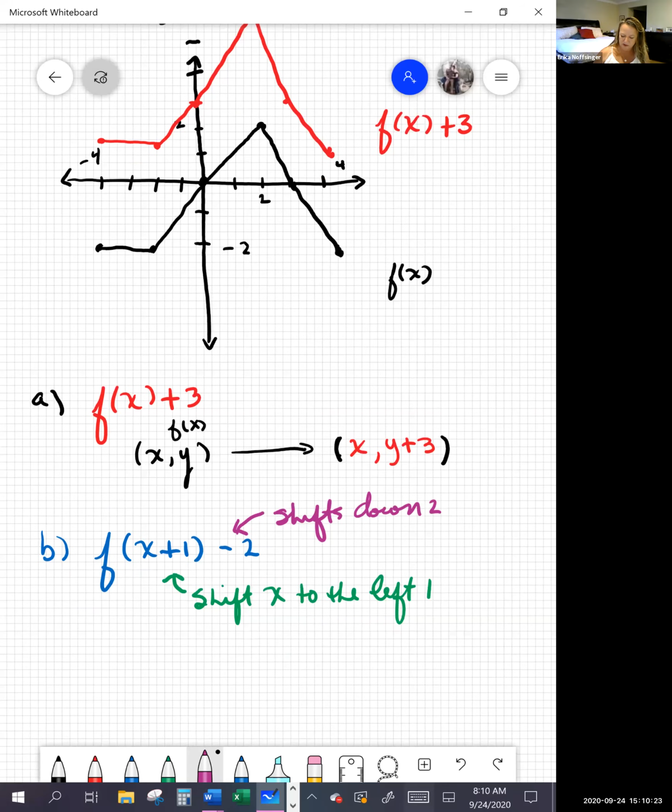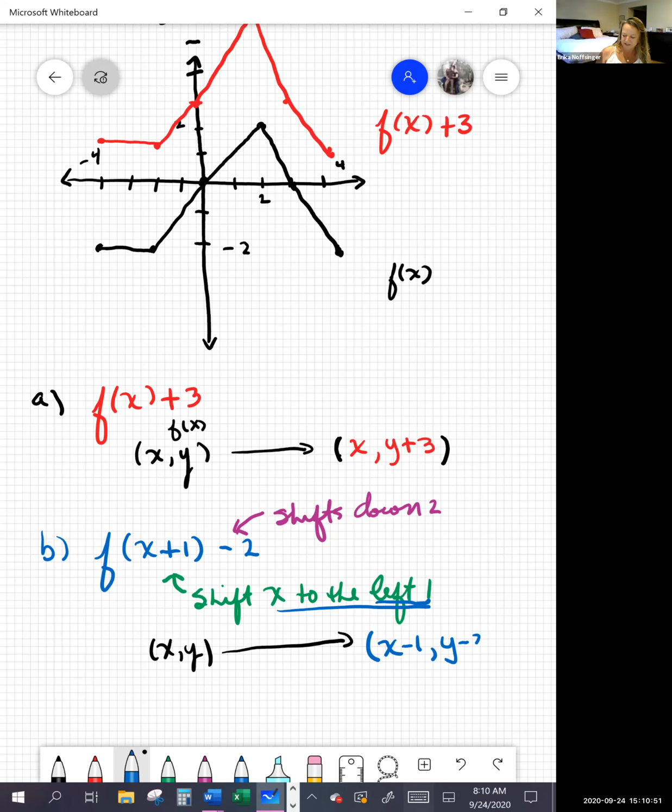We could look at our point x, y and determine what we're doing to get our point on f of x plus 1, -2. The x values shift to the left 1, so that's subtracting 1, and my x value is now x minus 1. My y value shifts down 2, so I'm taking away 2 from my y value.